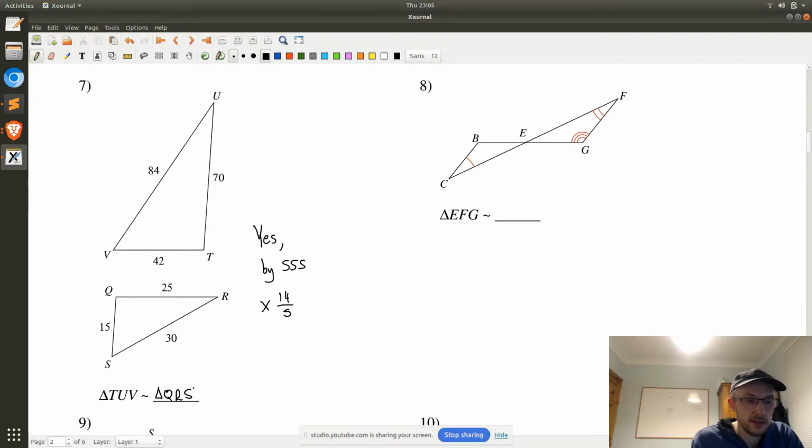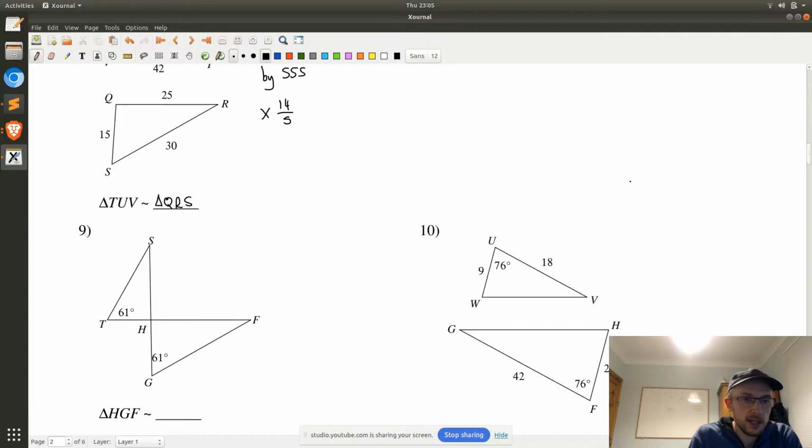Triangle TUV is similar to triangle QRS. Not paying attention. Okay, fine. No, I don't know that these are similar to one another. They do have a common angle, of course, but nothing else is known. And we check, and that's correct, and that's good.